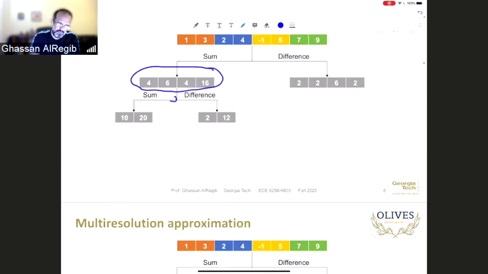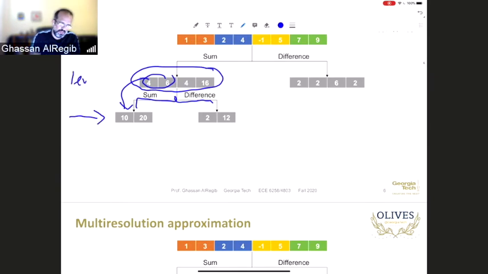I take every 2 samples: the first gives me 10, the second gives me 20. The difference between the first 2 samples is 6 minus 4, that's 2, and the difference between the third and fourth samples of the sum is 16 minus 4, that's 12. So now I have a second level.